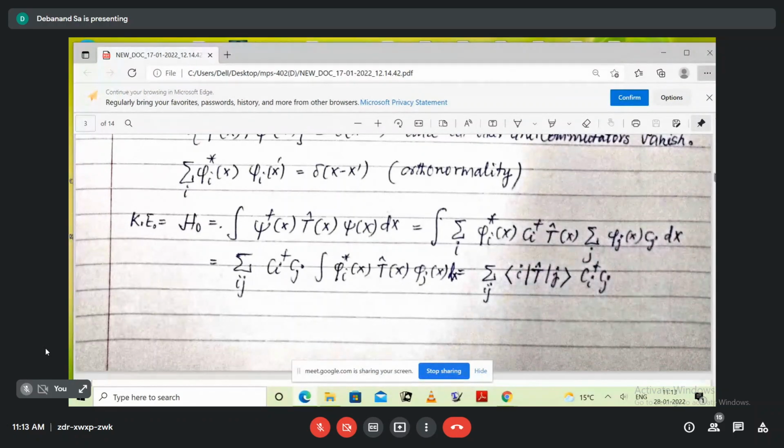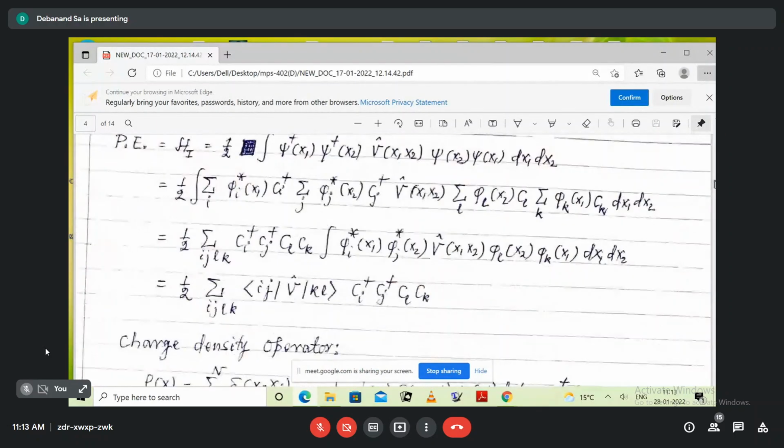But if you come to a two body operator, it is an interaction between two particles or two fermions, let's say. Then, because this is going to depend on two space-time points, you'll have field operators on the right-hand side and field creation operators on the left side, sandwiched by this potential energy operator, and then integrate out all coordinates.